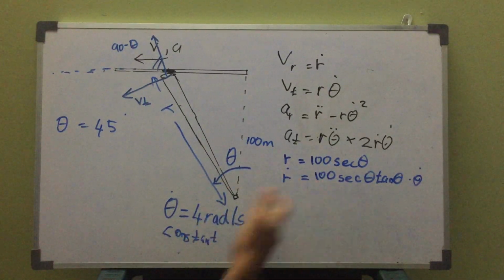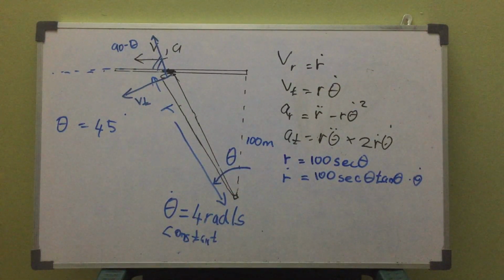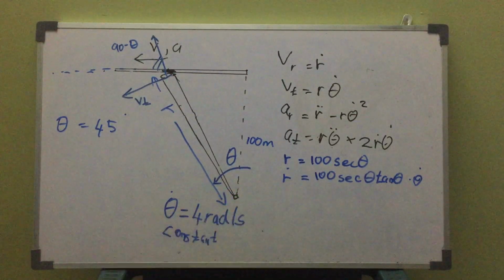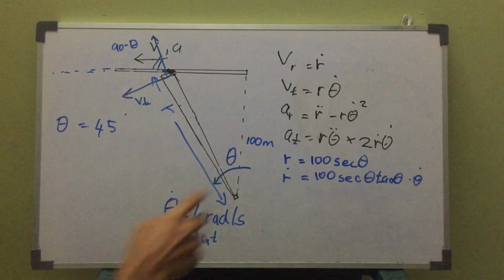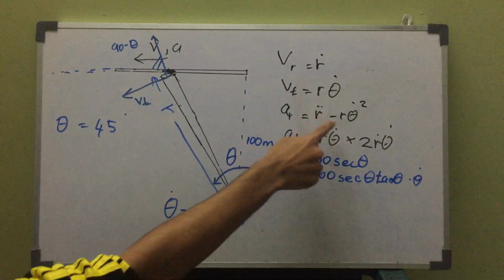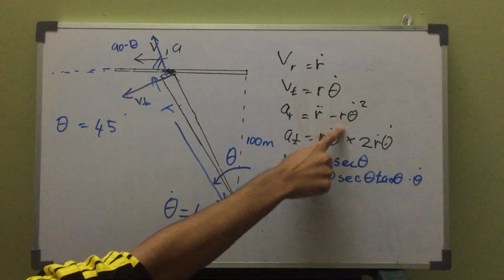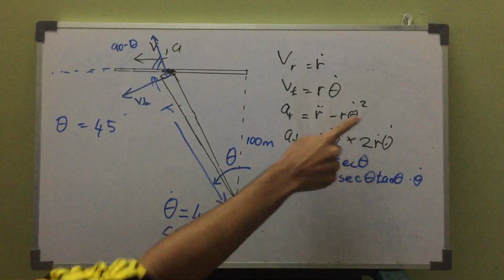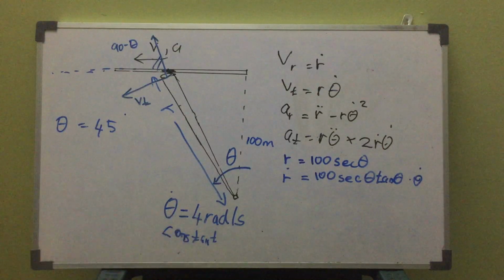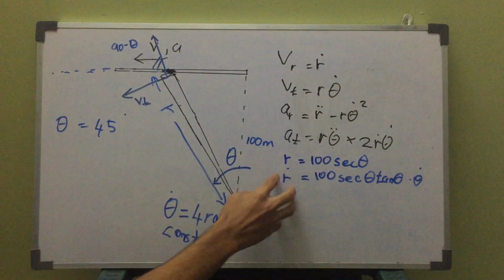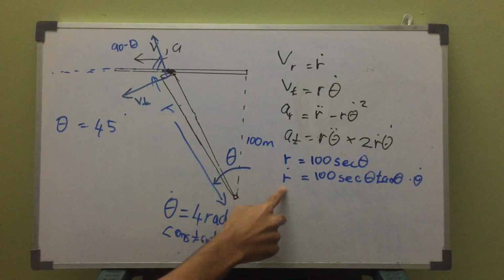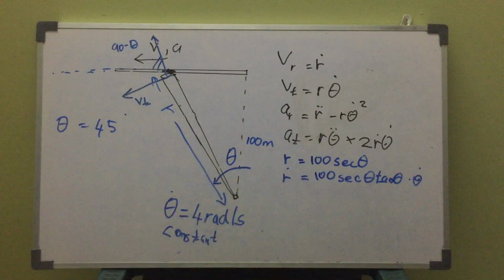You need to use the differentiation methods and just differentiate this. From that, you can directly put r double dot minus r, we know the value, as well as theta dot, we know the value, 4 radian per second. So once you substitute, you will get the answer. So before that, you need to differentiate this one and find the value of r double dot.